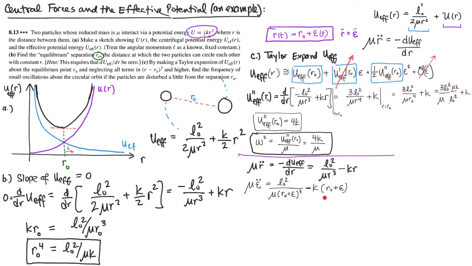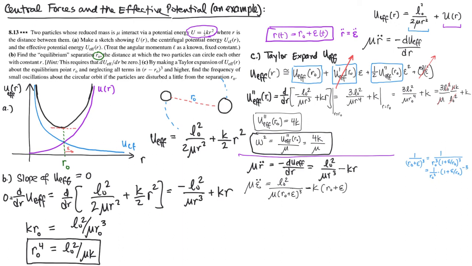So we need to linearize this equation of motion, which means we need to linearize this term. So let's just focus on that one term for a moment. Here we have 1 over (r naught plus epsilon) cubed. That's nonlinear. If we factor out an r naught, we get 1 over r naught cubed times (1 plus epsilon over r naught) to the minus third power.